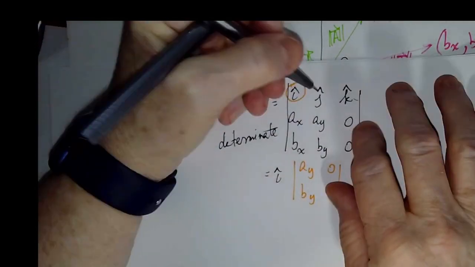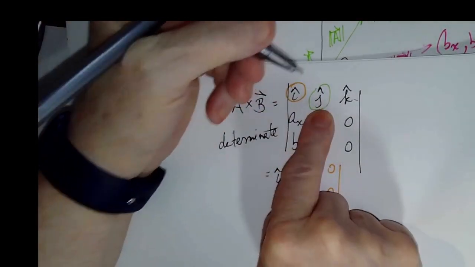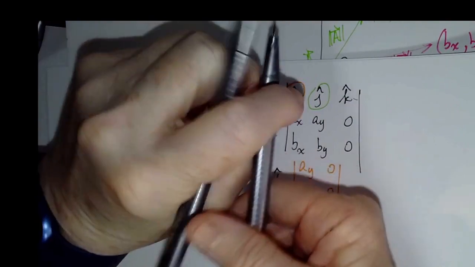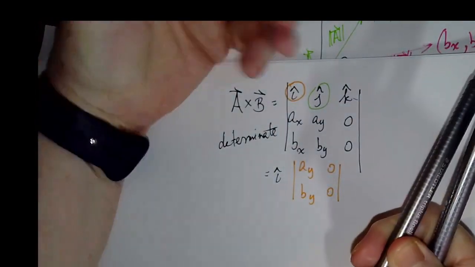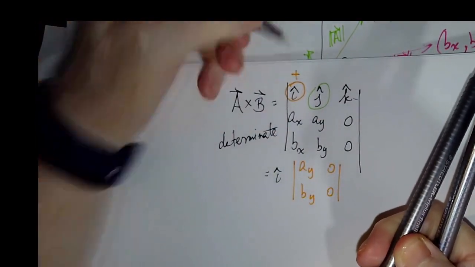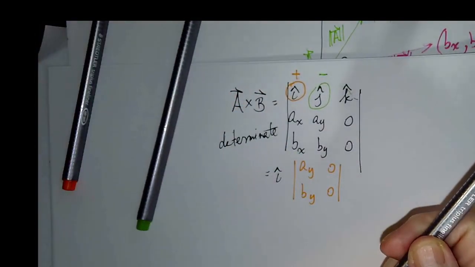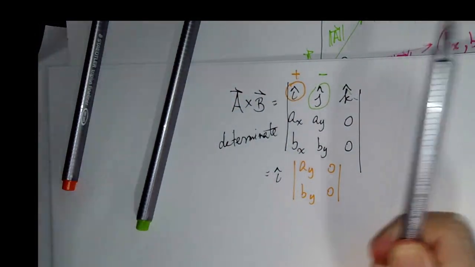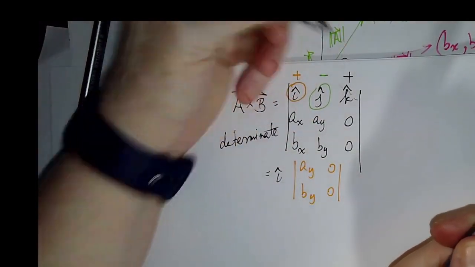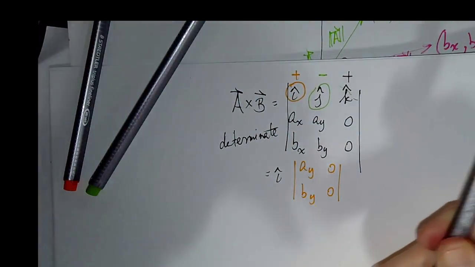Now we're going to move over to J, and the signs always go plus, minus, plus, and if there was another row, we'd do a minus again.